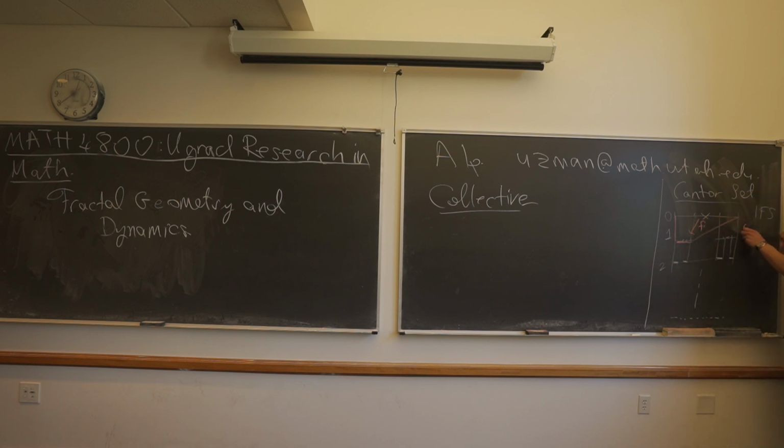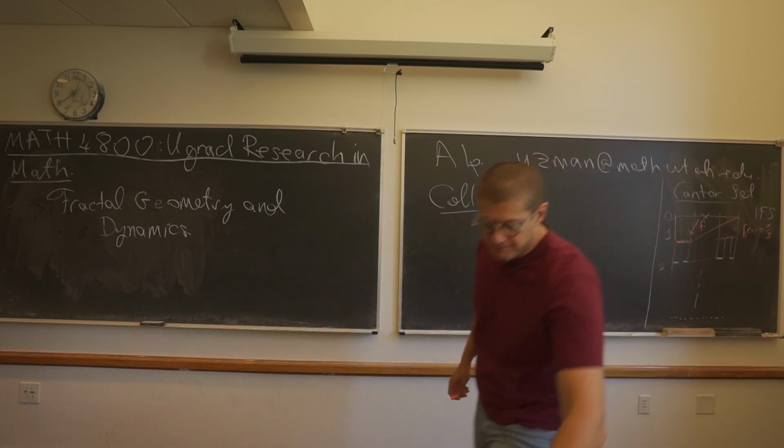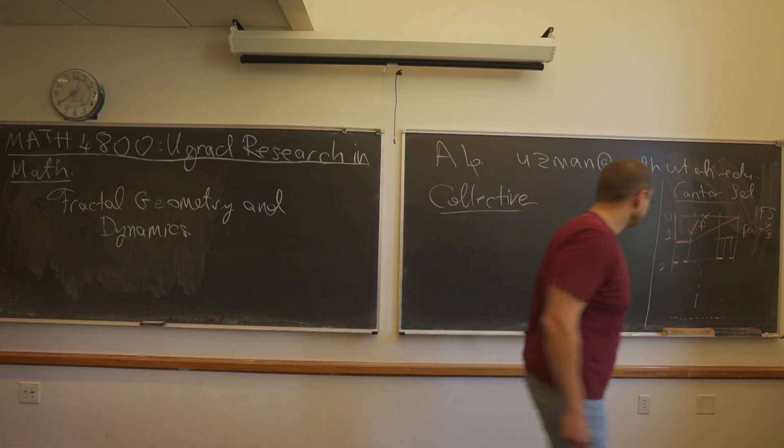So I can write a formula now, right? f1 of x, what is that? It's a function, so it has to depend on x. x over 3. Yep. And I have another guy, f2, that does the same thing.